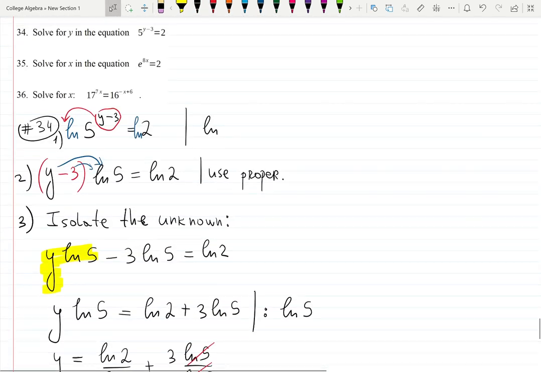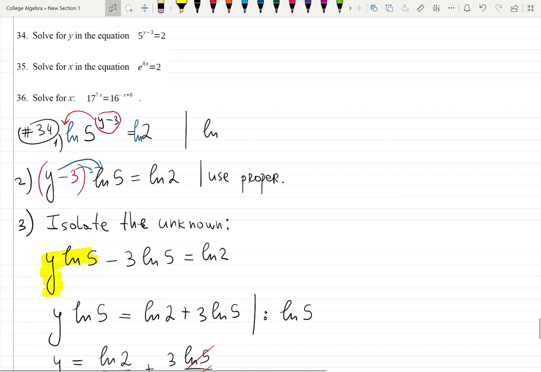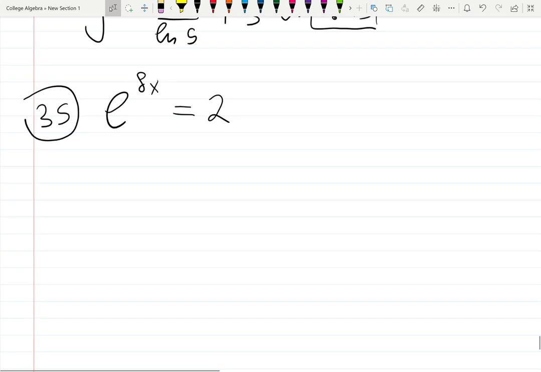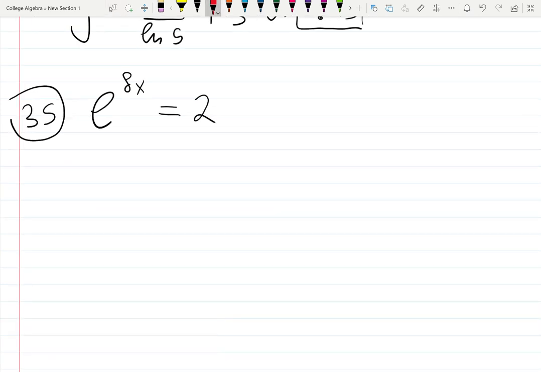Now, let's go to the next example. Number 35 is e to the 8x equals 2. And again, I'll just apply natural log to both sides. ln here, ln over there. Well, ln of e, they kind of undo each other, so the answer will be just 8x.